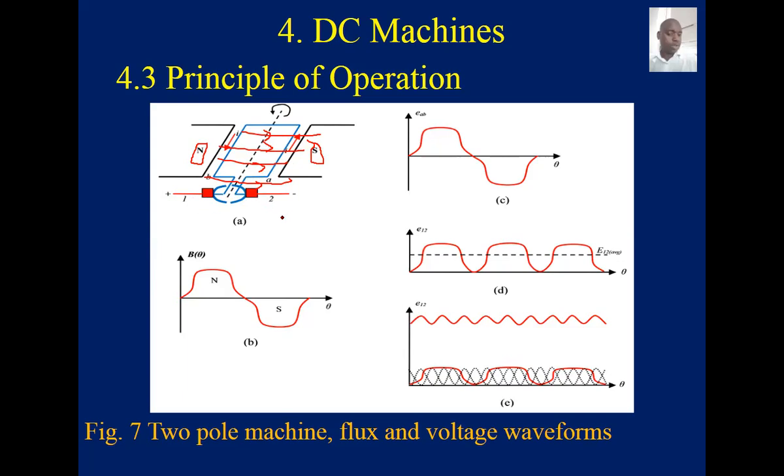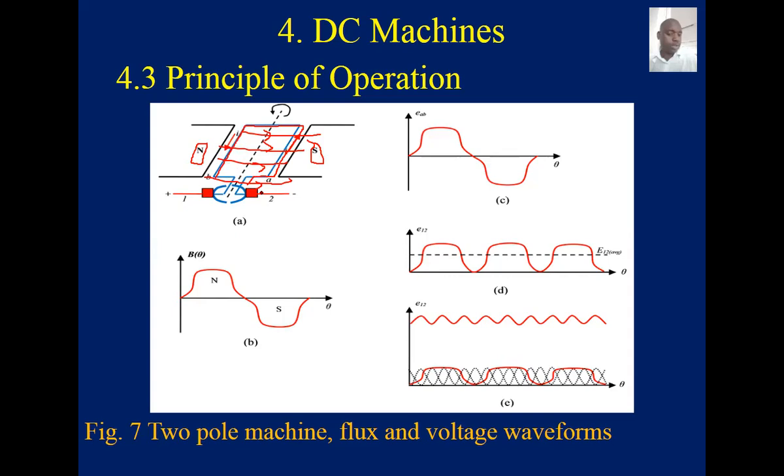In that case, you are using the machine as a generator. But then when you induce a current here in the conductor such that the conductor will experience a force due to the magnetic field, the conductors will start moving in the magnetic field.